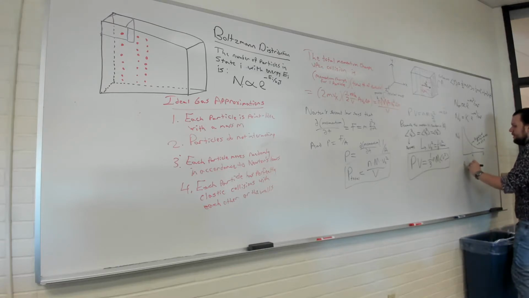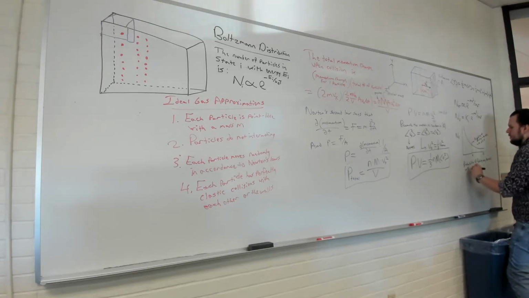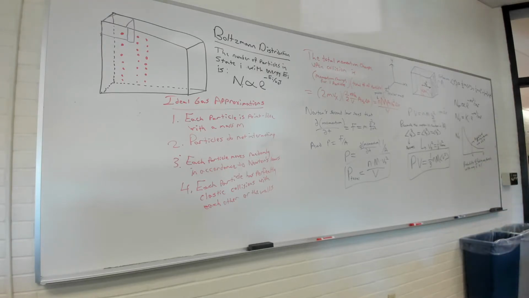So the probability of finding any particle with any velocity is 1. Probability is between 0 and 1, or 0% and 100% chance. So what that means is that if we sum over all of the probabilities of every particle, we should get 1.